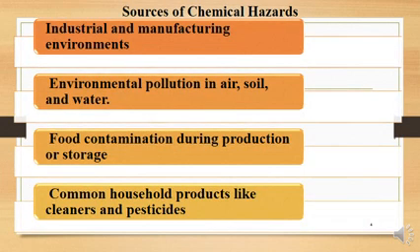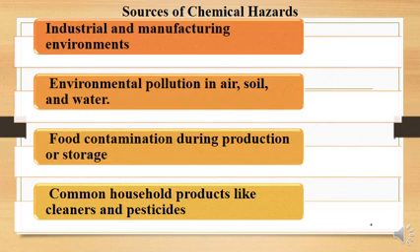Sources of chemical hazard. We have industrial and manufacturing environments, environmental pollution in air, soil and water, food contamination during production or storage, and common household products like cleaners and pesticides.